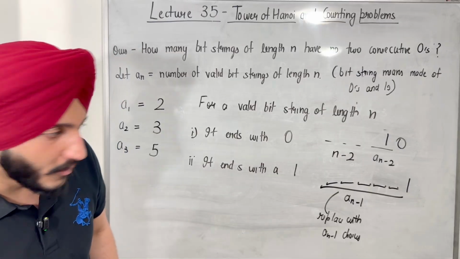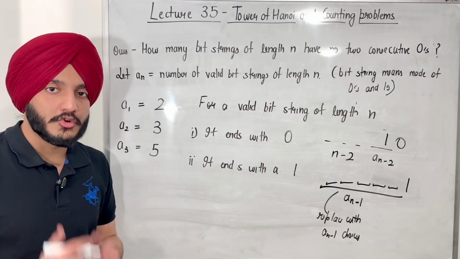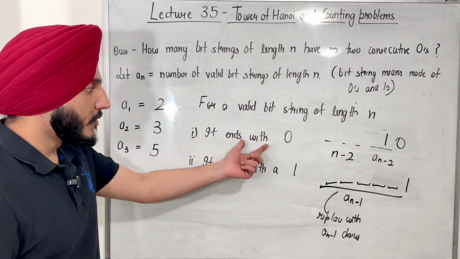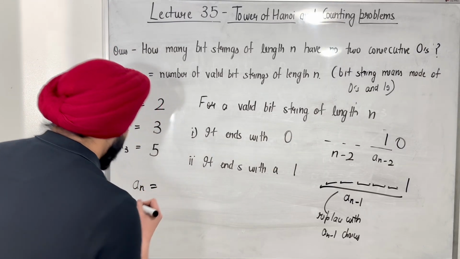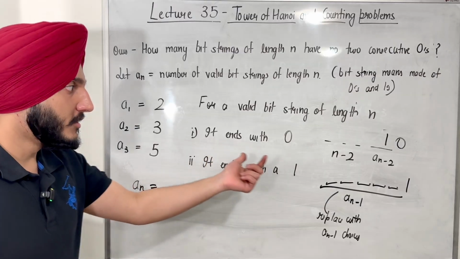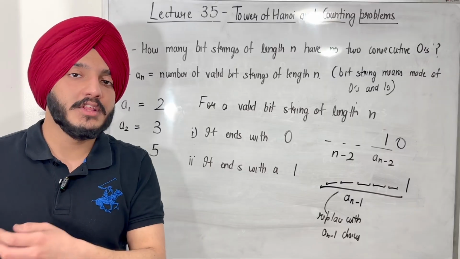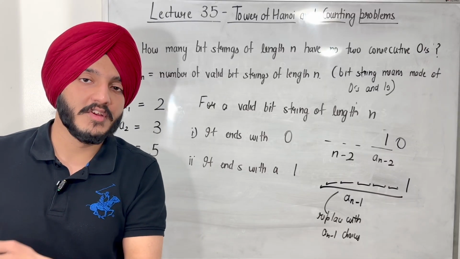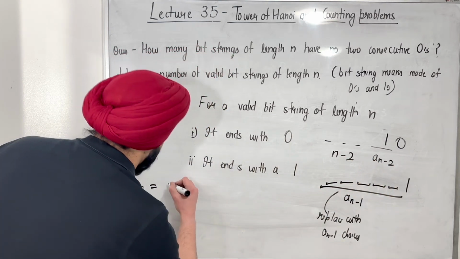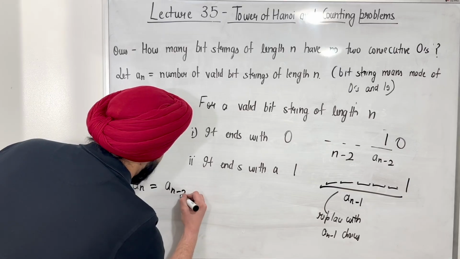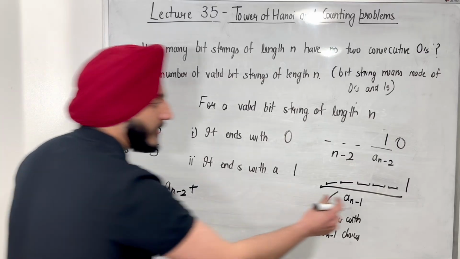So just a quick summary once again. For a valid bit string of length n, I'm trying to use recursion to my advantage. It could end with a 0. In the case it ends with a 0, I would have to replace the second last bit with a 1, and then I can leave everything else to the previous recurrence relation, meaning I can replace it with a_(n-2). So a_n would be a_(n-2) in case the final value is 0, plus I also need to add the case when the final value is 1.